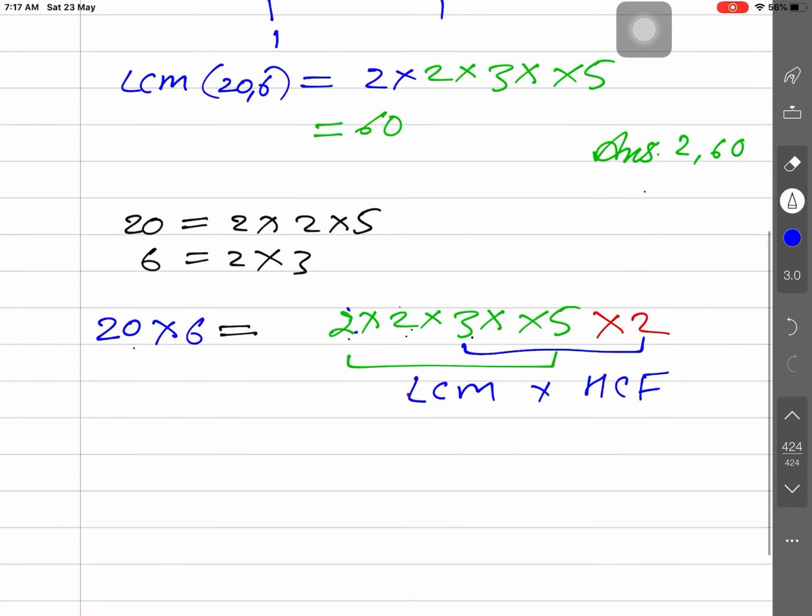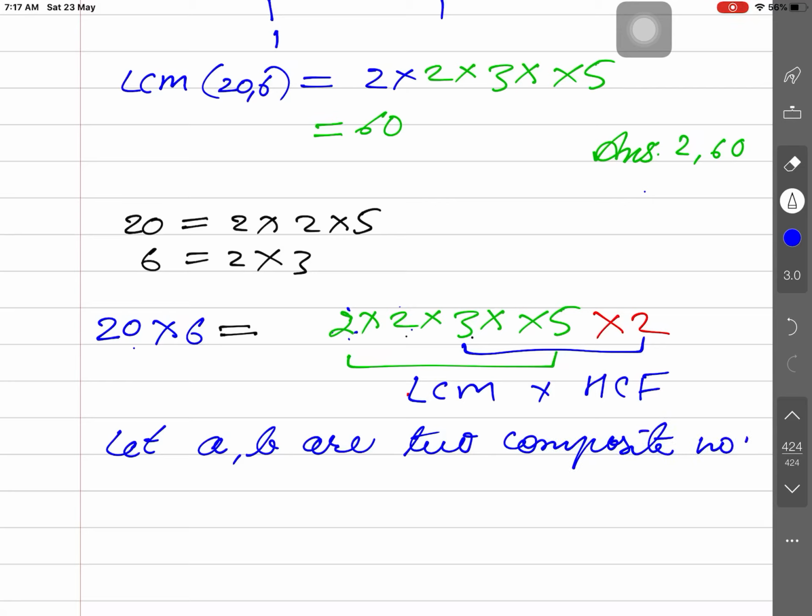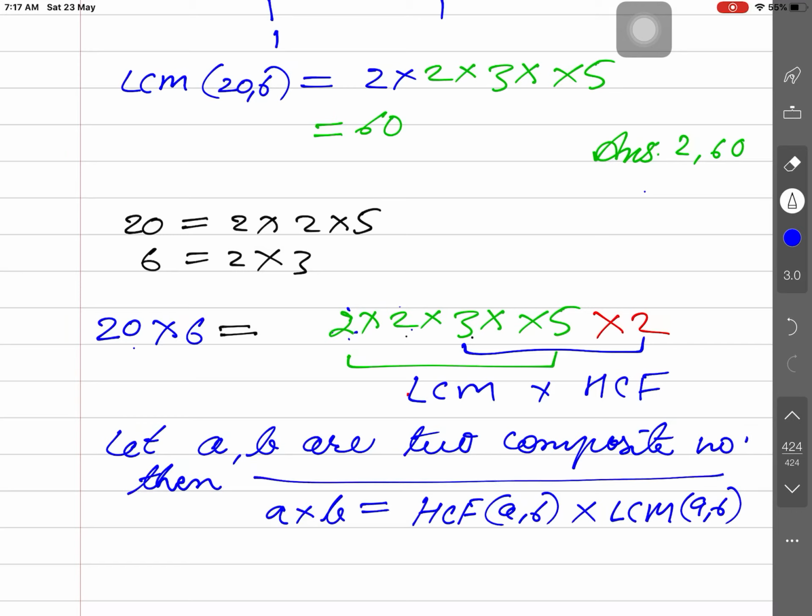What does this conclude? The conclusion, the theorem we can state here: let A and B be two positive composite numbers, then A multiplied by B equals the HCF of A and B times the LCM of A and B. This is the conclusion that we have drawn with the help of our activity.